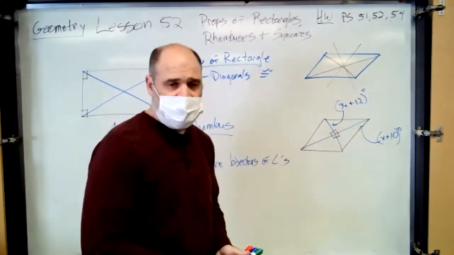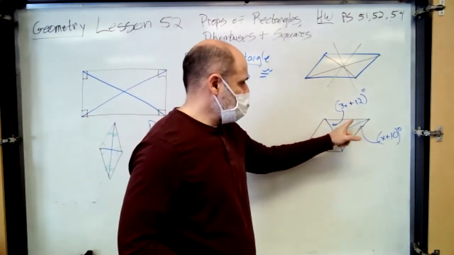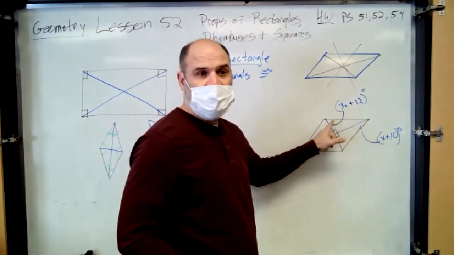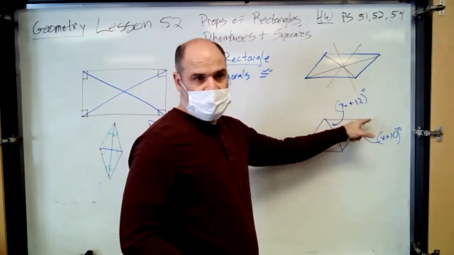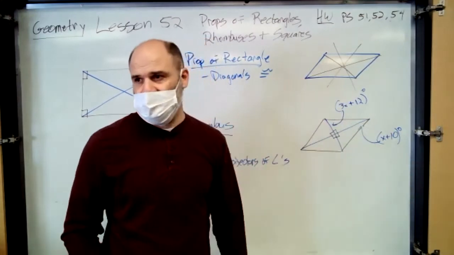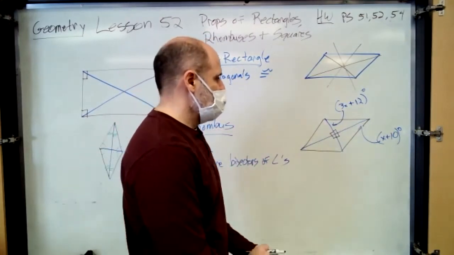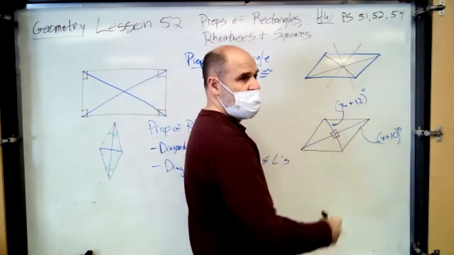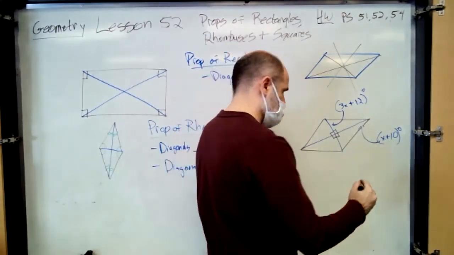Because those diagonals are perpendicular to each other. So what do these two angles have to add up to? All three of them have to add up to 180. So if this is 90, then these two have to add up to another 90. So I can create an equation to solve for x.